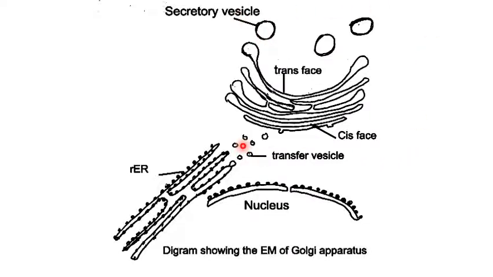This is the structure of the Golgi apparatus. As we see, intercommunicating tubules with two surfaces: the cis face, or immature face, or convex face, and the trans face, or concave, or mature face. The cis face receives the transfer vesicle, while the trans face, or the mature face, releases secretory vesicles or lysosomes.